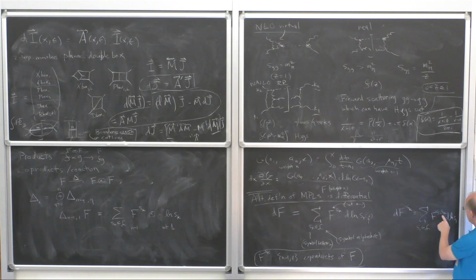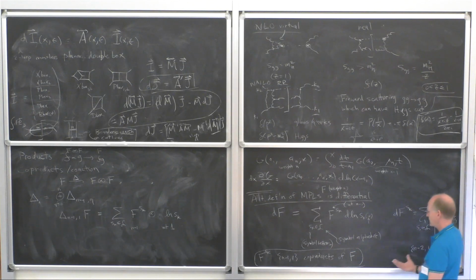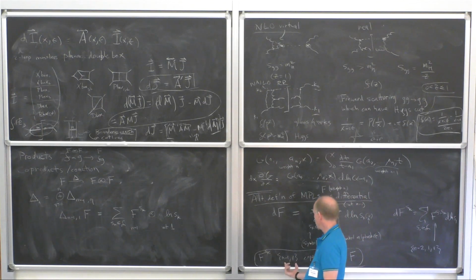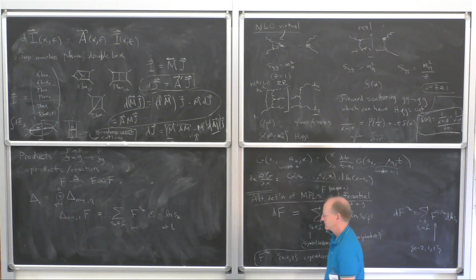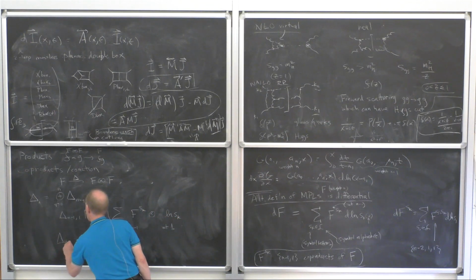I put that index in the back, and then I introduce a new index, SJ, that comes from the different d logs here, and I put that one further forward. And then I call this thing the n minus 2 comma 1 comma 1 coproduct, because I first differentiated once, and that one becomes a logarithm at the back. And then I do it again.